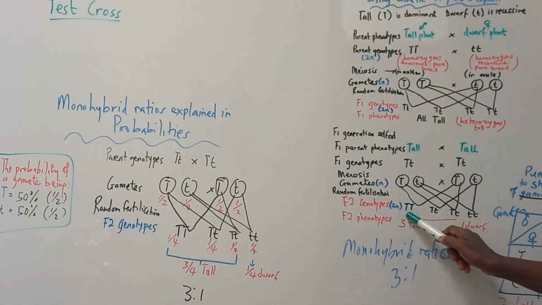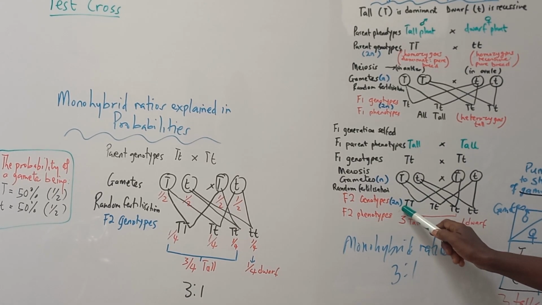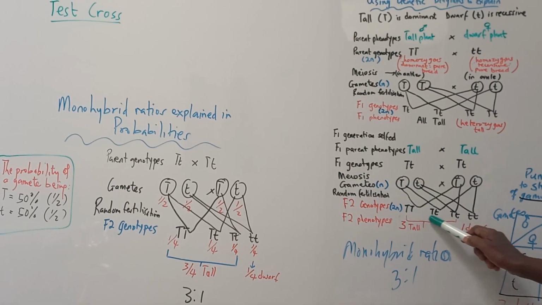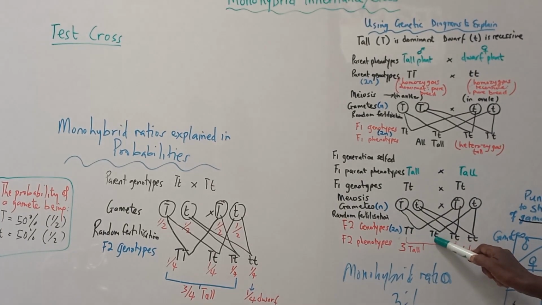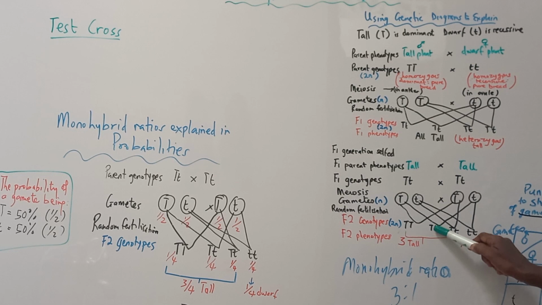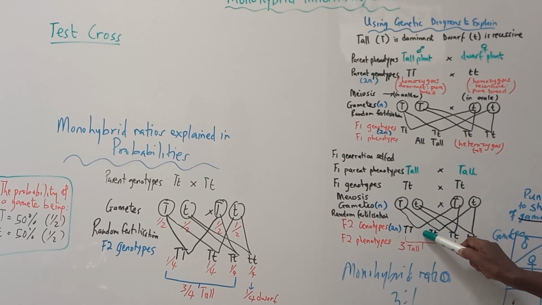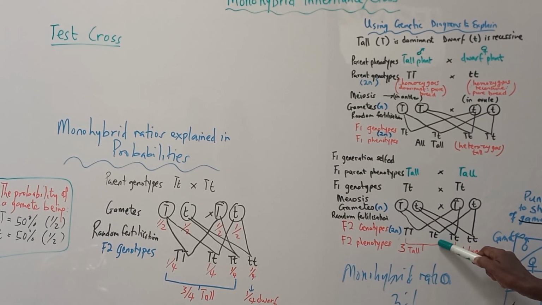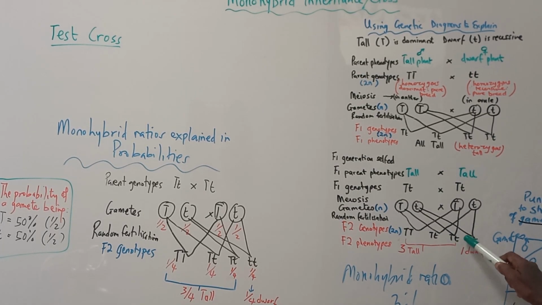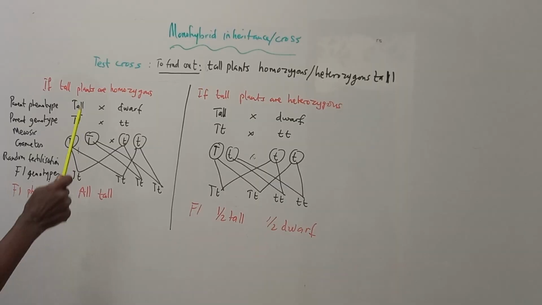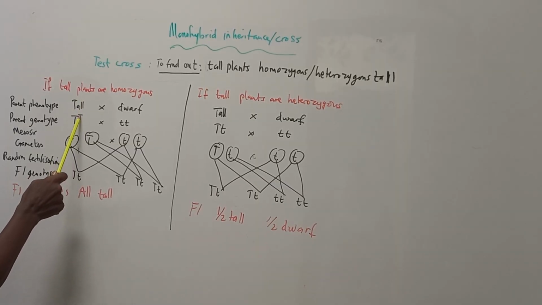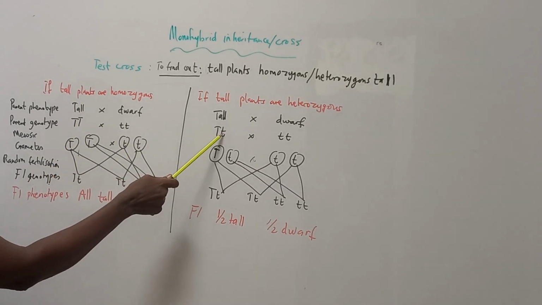So a test cross is done to cross the individual whose genotype you don't know, but it has a dominant character. The dominant is the tall. This individual is crossed with a homozygous recessive. This is a homozygous recessive because tall can be big T big T or big T small t.